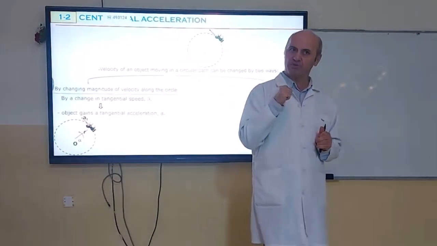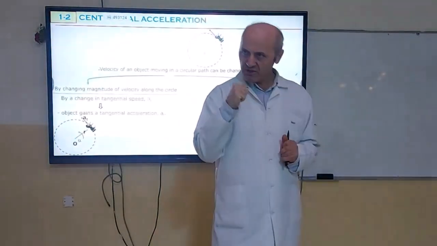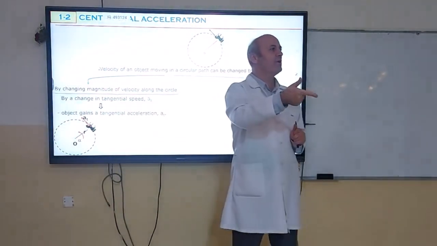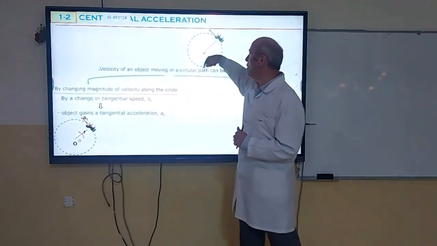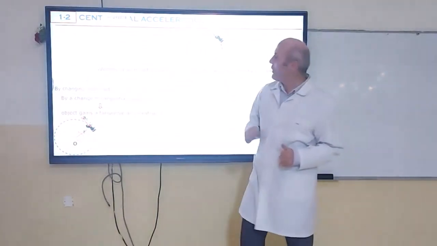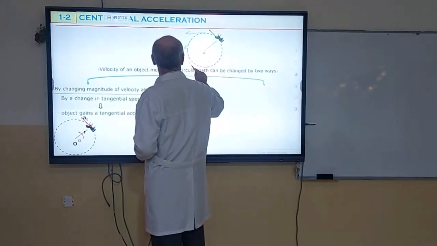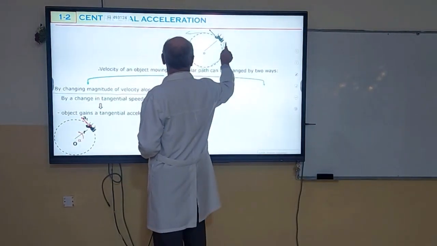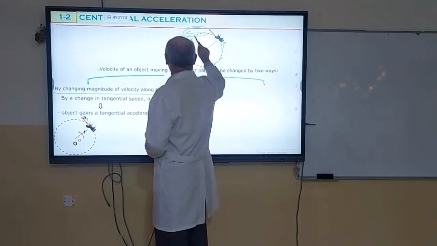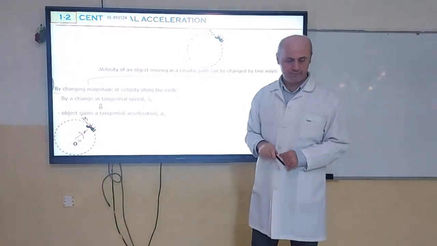But there is one more acceleration. Centripetal acceleration. Centripetal acceleration is because of the change in direction of the motion of an object as the object is moving in a circular path. When this horse is moving in a circular path, its direction of motion is continuously changing. This direction change also gives an acceleration to this horse.